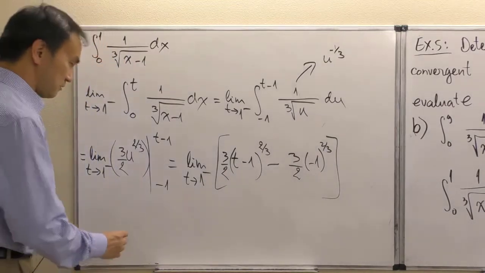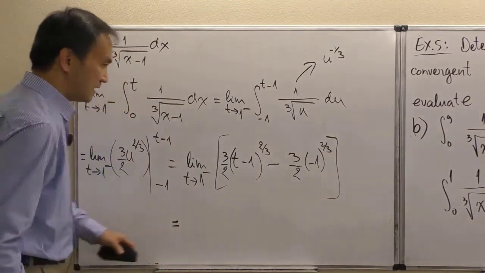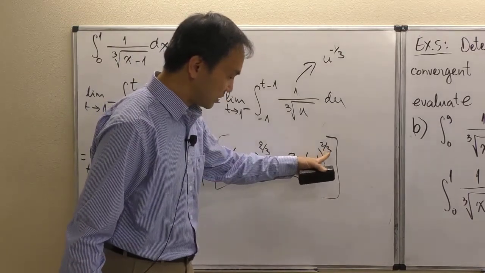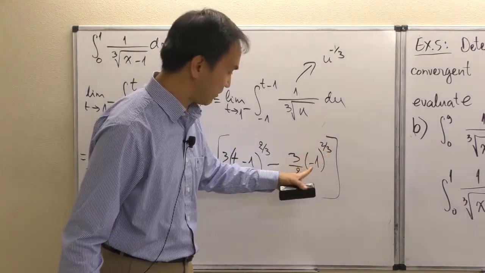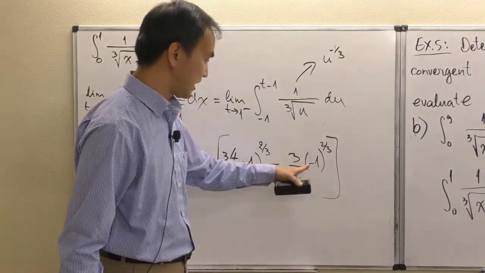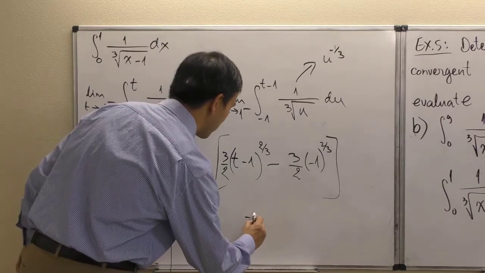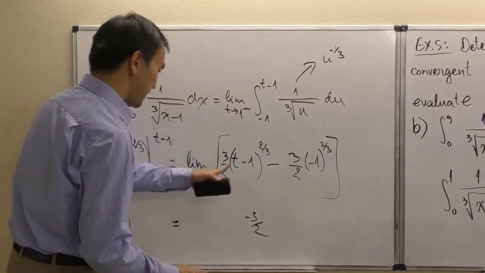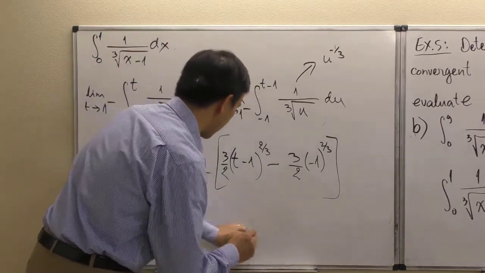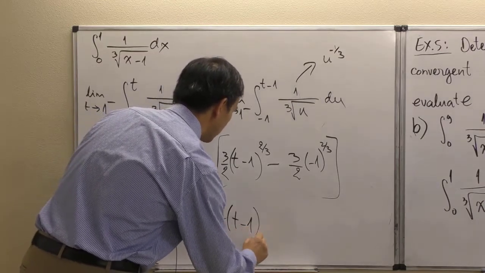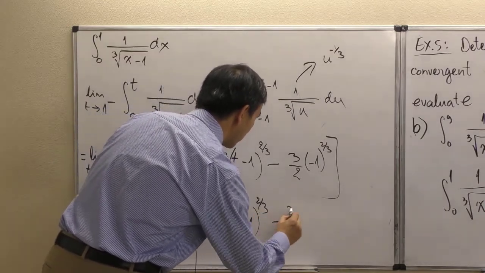That one right there is simple. Negative 1 to the 1/3 power is negative 1, but squared it becomes positive 1. So positive 1 times negative 3/2, that term remains permanently negative 3/2. The first term is 3/2 times t minus 1 to the 2/3 power, minus 3/2.